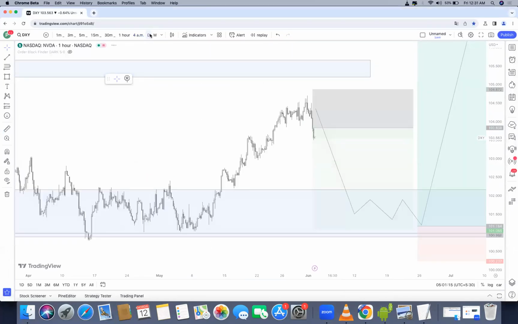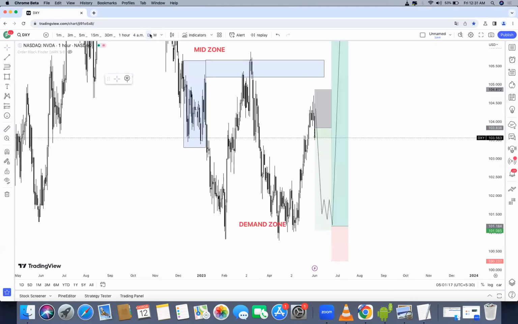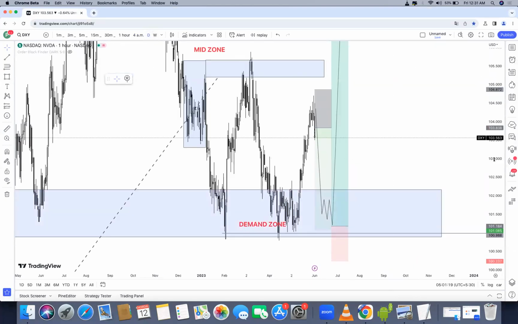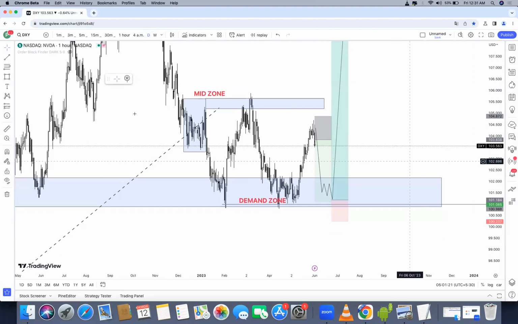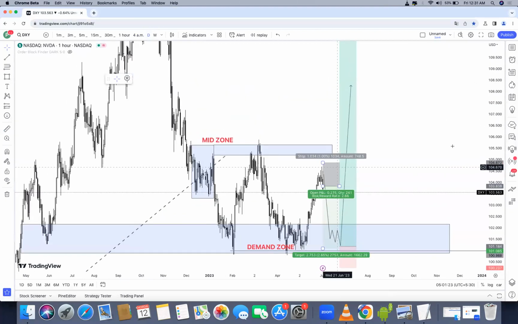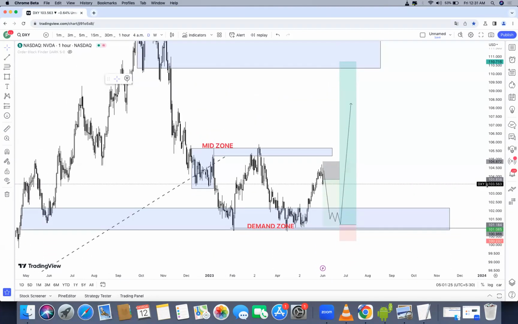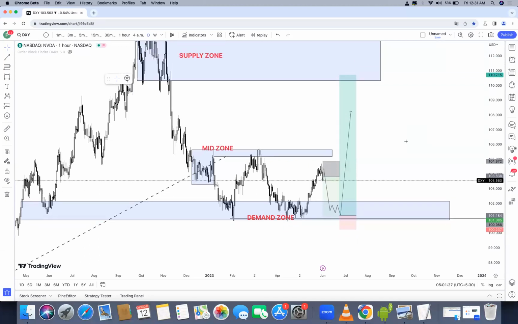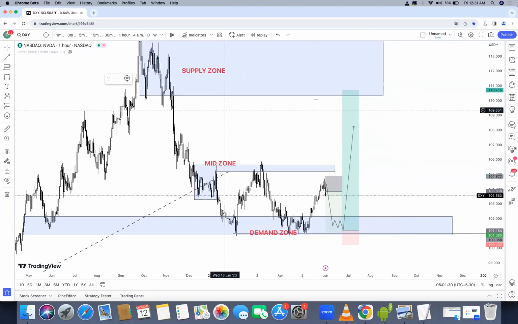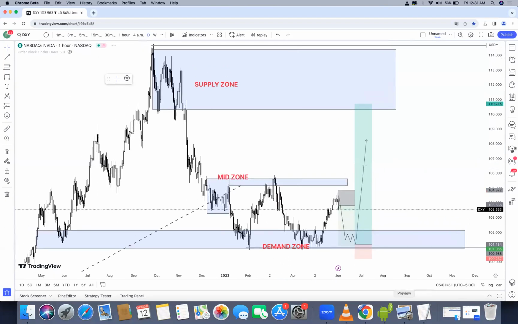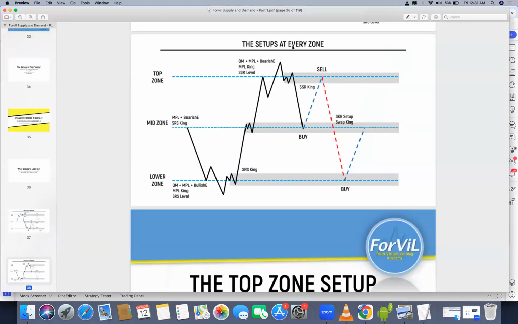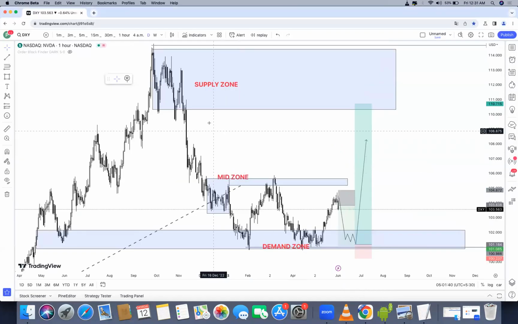You're still using the DXY, which is the dollar index, an index market chart. We're talking about the dollar here, so it's trading within the zone, right? That's what they're talking about here: the setups at every zone, which means you can trade at each zone.